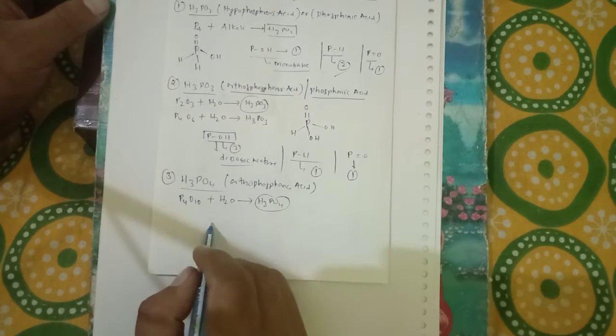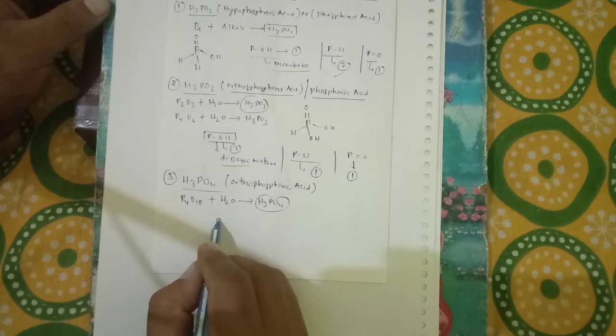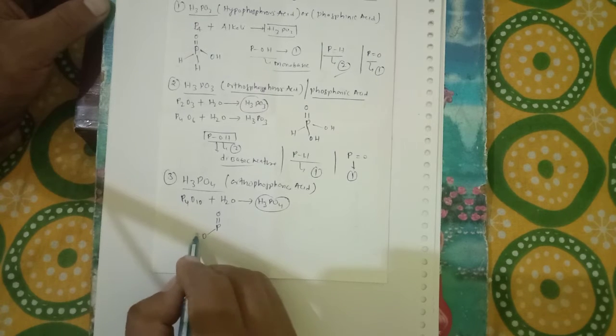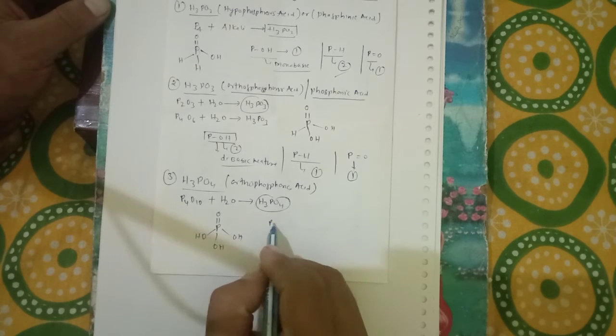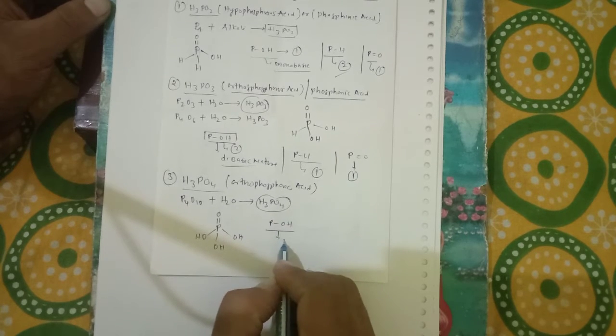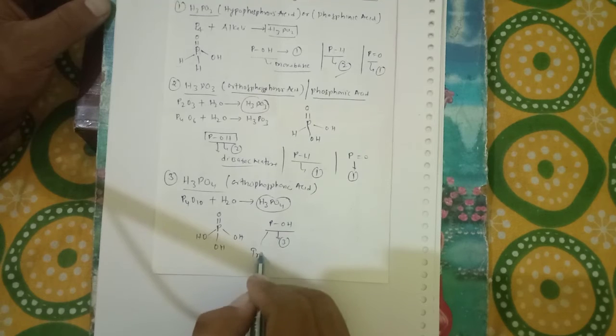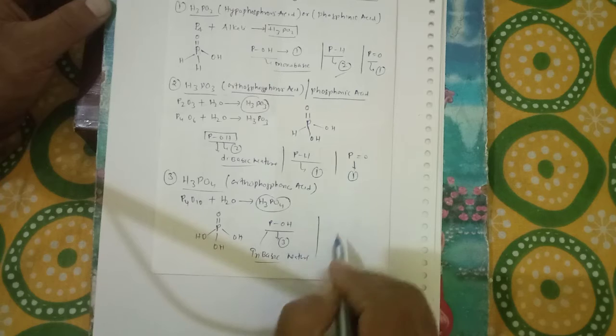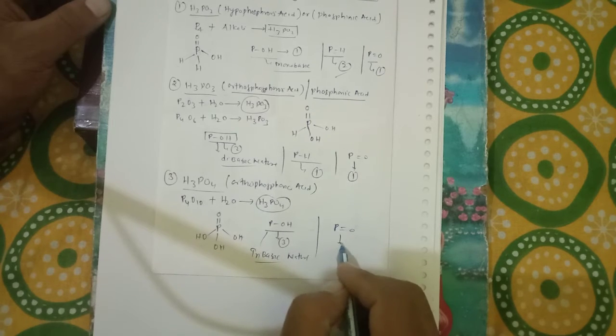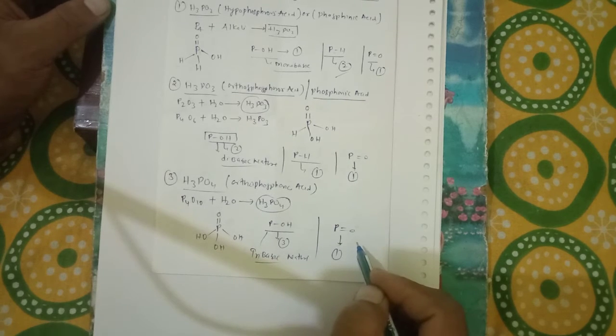Let us see its structural arrangement. Here P double bond O and 3 P-OH bonds are present. So how many P-OH bonds are present? They are 3 in number, so it will be tribasic in nature. How many P=O bonds are present? Here only one P=O bond is present.